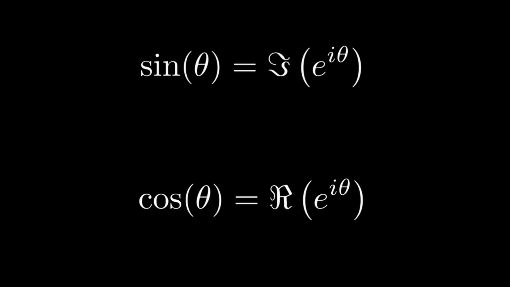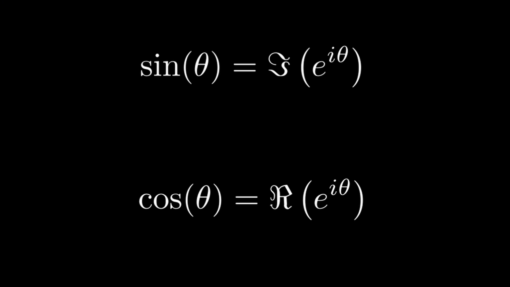For example, the imaginary part of e to the i theta would be the same thing as just sine, and the real part of e to the i theta is just the cosine. But we're not going to use any of those. Relax, okay? All we're going to do is tell you which one is to be used when.